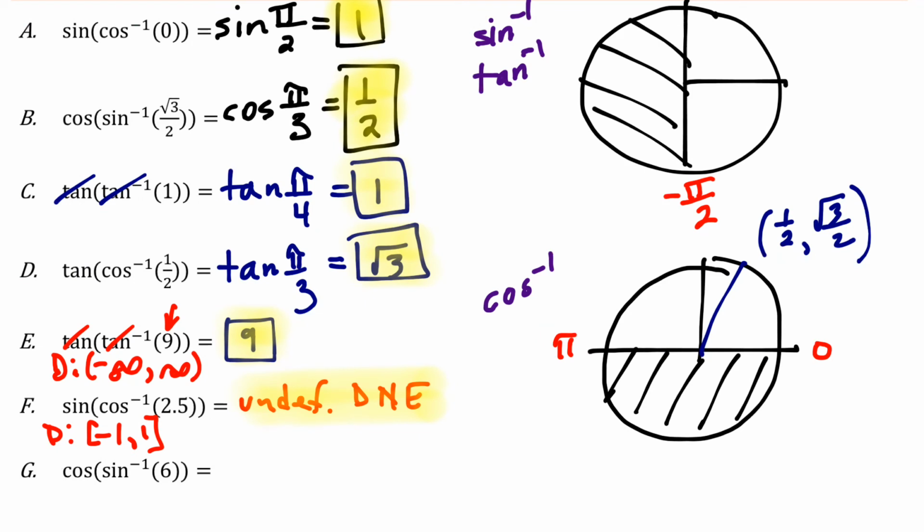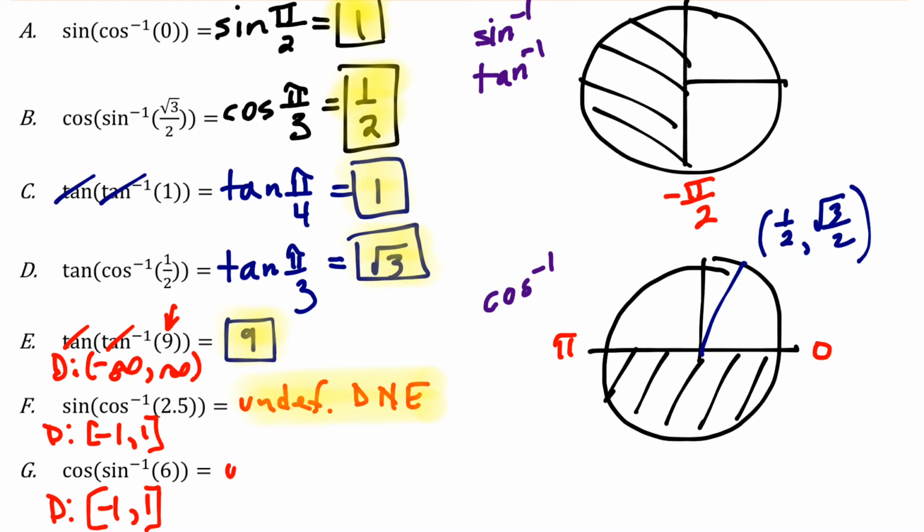And then we have one more to look at here. This says the cosine of the inverse sine of 6, which means the cosine of the angle whose sine is 6. Well, once again, we have the problem that the domain of the sine function is negative 1 to positive 1. 6 is not within that domain, so the inverse sine of 6 is an undefined function.